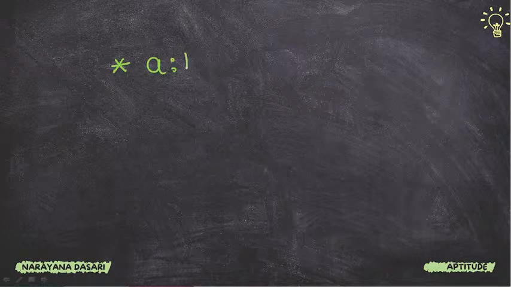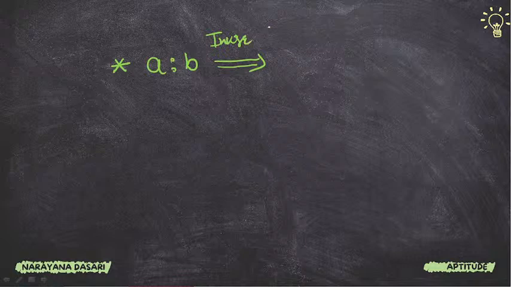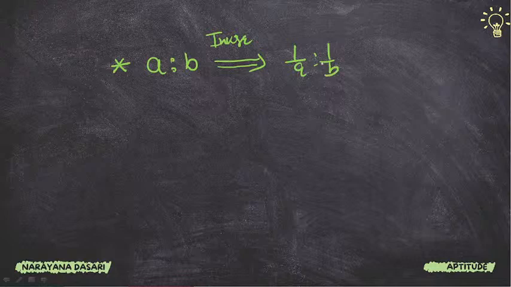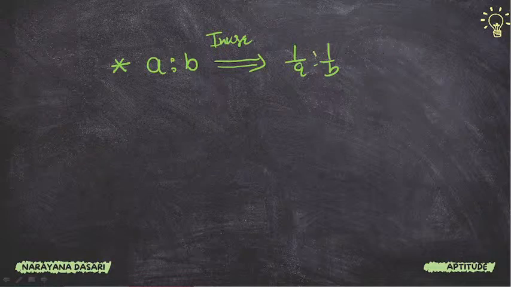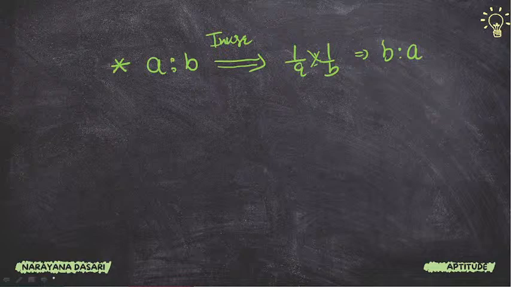Next point, A is to B inverse ratio. The inverse ratio of A is to B is 1 by A is to 1 by B. Just cross multiplication, so B is to A. Okay, sorry for the inconvenience.